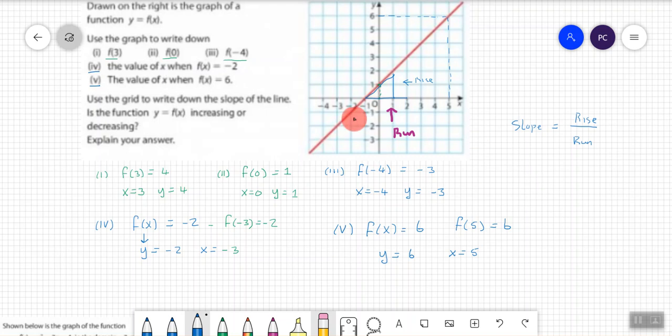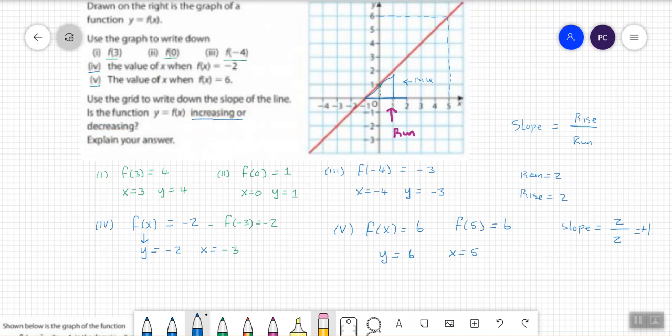So the run is equal to 2, and the rise is equal to 2 as well. And we can divide these together. So slope is going to be equal to the rise, which is 2, divided by the run, which is 2, and that's equal to 1. Because the slope is positive, we can say that it's increasing.